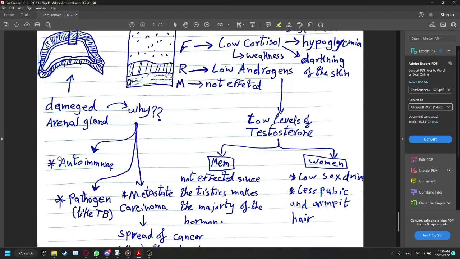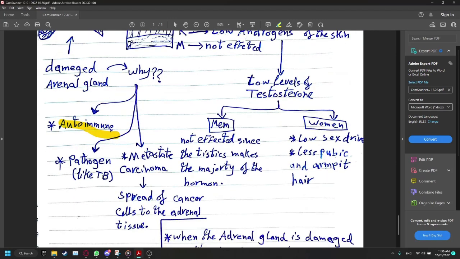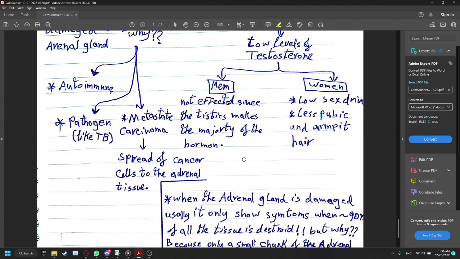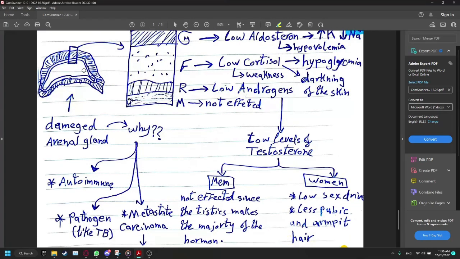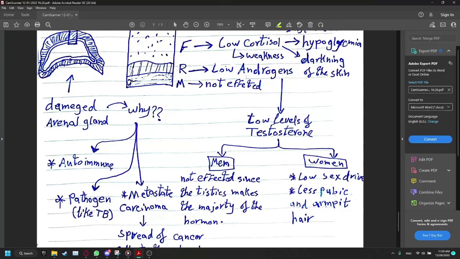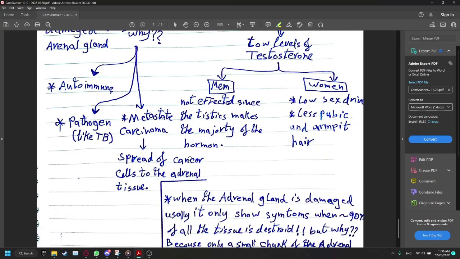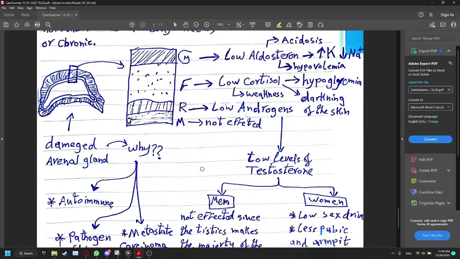Could be an autoimmune response, could be a pathogen like TB, could be metastatic carcinoma, where a cancer happened in an organ, but spread through the blood and reached the adrenal gland and did some damage there.